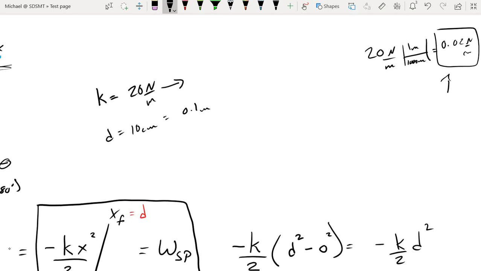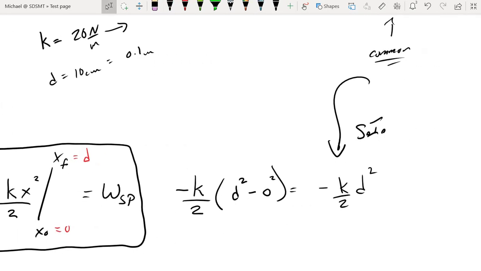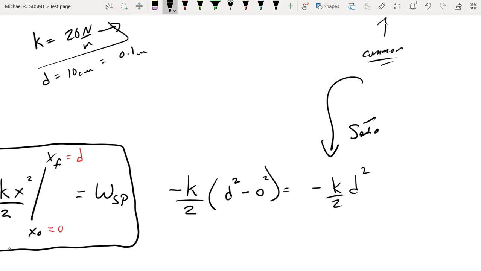So this would be the more common way of seeing the spring force expressed. However, for our purposes, we need the standard units of newtons, meters, kilograms, seconds. So I'm going to go ahead and plug in the 20 that we had over here.